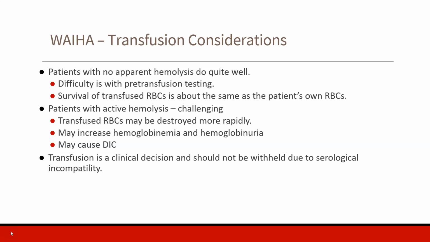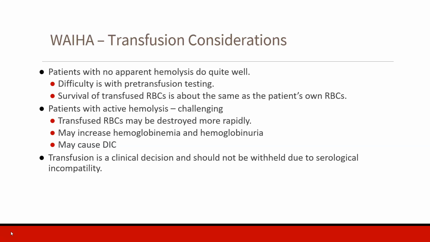The difficulty is with pre-transfusion testing, that you get these positives and you get the positive DAT and you have to do all this additional testing. The survival of transfused red cells in these types of patients where there is not apparent hemolysis, those cells will survive about the same as the patient's own red cells.